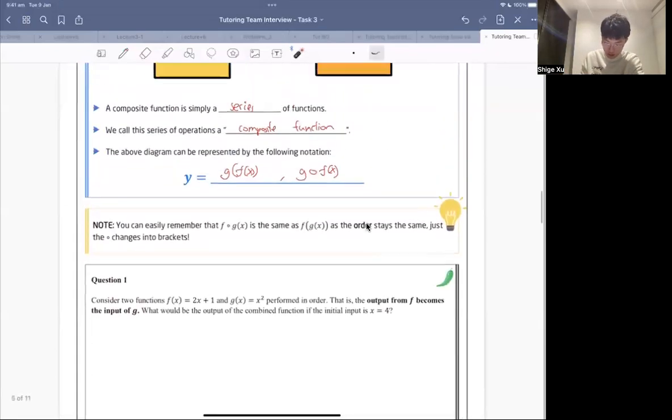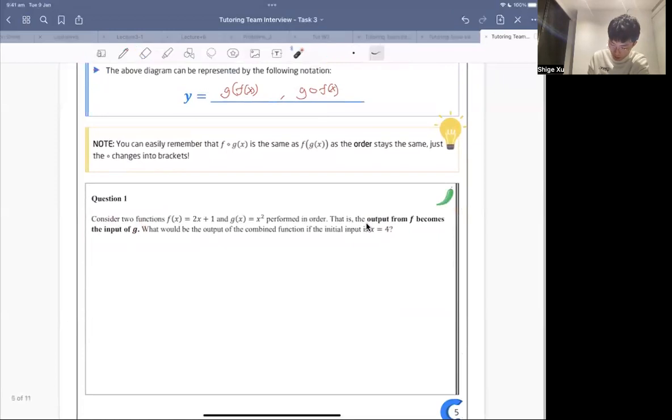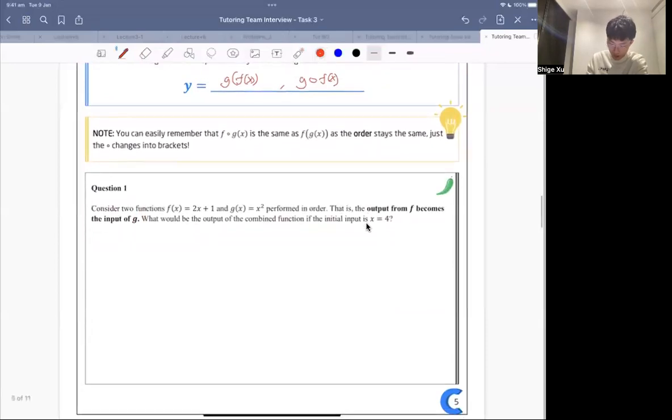So what will be the output of the new combined function if the initial input is x equals 4? Well, let's sub it into f first because we want to do f first. So f of 4 is 2 times 4 plus 1, which is 9. All right. This is our new output.